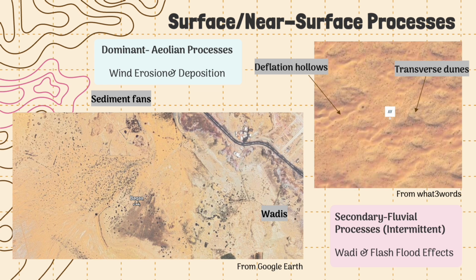The low-lying areas between dunes may be dune troughs, where there is less sedimentation due to lower wind speeds, forming flatter intervals. The second factor is intermittent river action, which shapes dry riverbeds, wadis, depositing sediments in alluvial fans or mudflats during heavy rainfall.